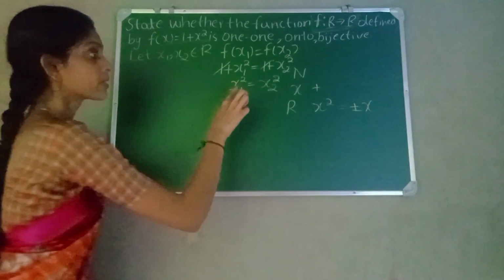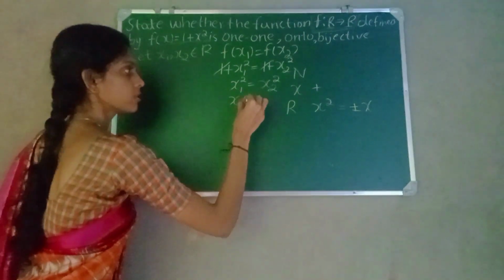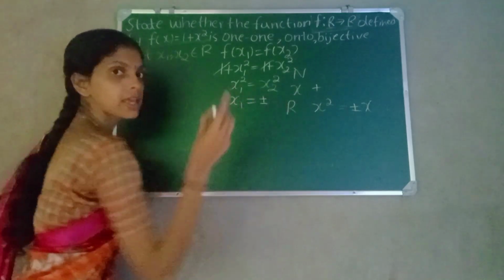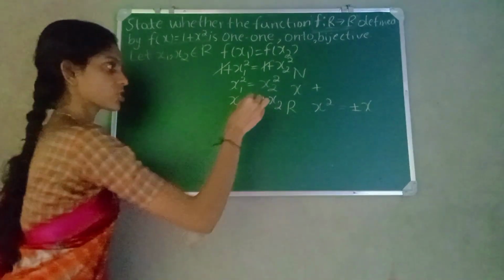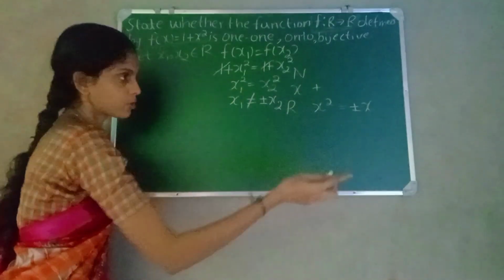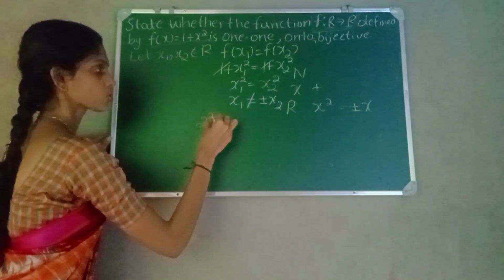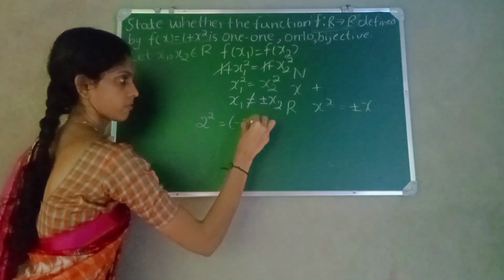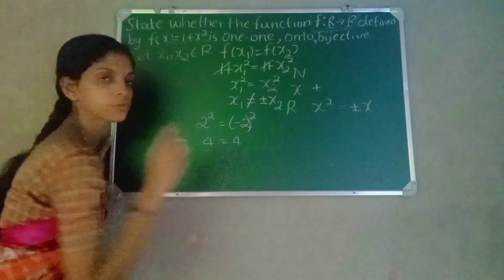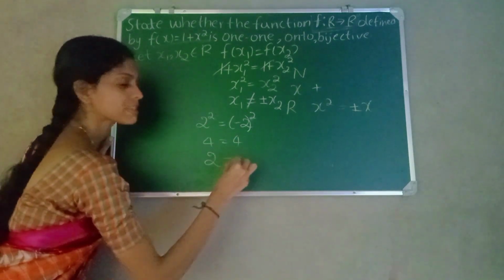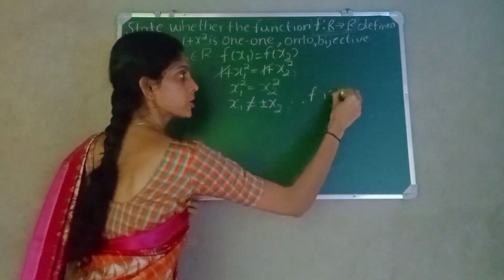But here x is a real number, so x1 may be plus or minus x2. So in all conditions, it is not necessary that x1 must be equal to x2. For example, if you consider 2 square and minus 2 square, both have the value 4, but 2 is never equal to minus 2. Therefore f is not 1 to 1.